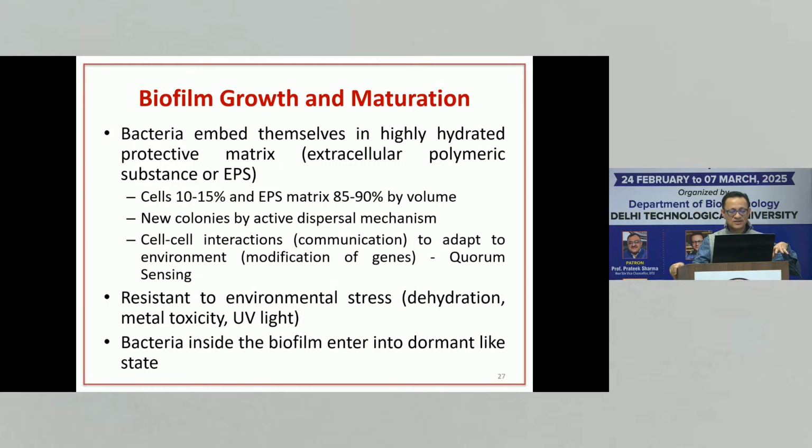Another thing is, bacteria can talk with each other, and they call it quorum sensing. There can be channels for them to communicate with each other. Bacteria can release chemicals that are absorbed by other bacteria, and they are just talking and interacting.